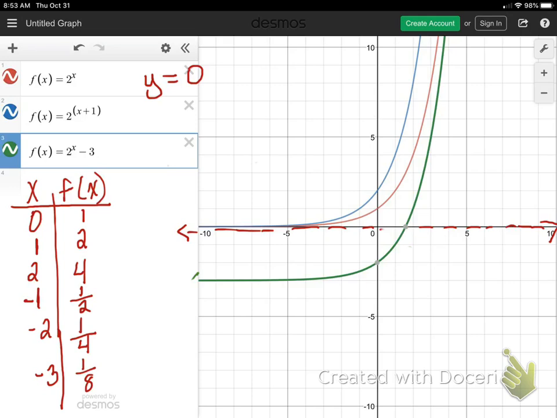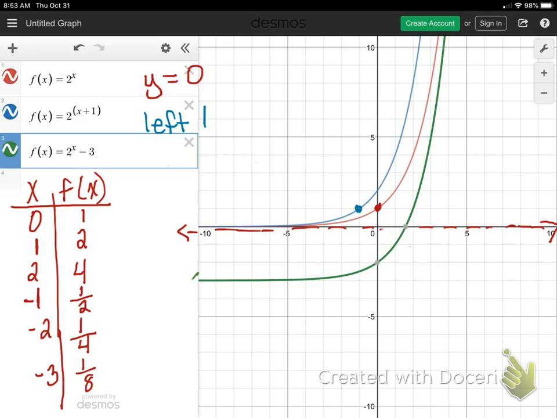So I want you to look at this blue right here. Here's my parent function right here. There's that point. My blue function is moving to the left 1 space. Okay, look, that point moved right here.